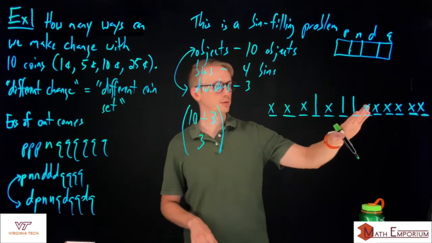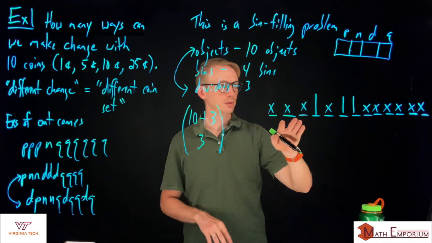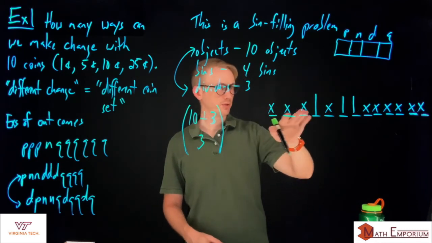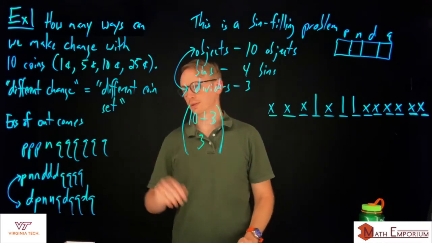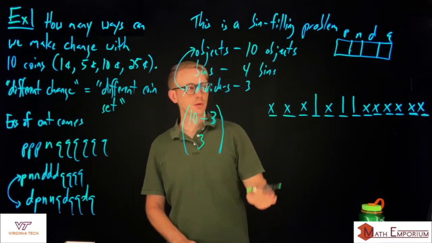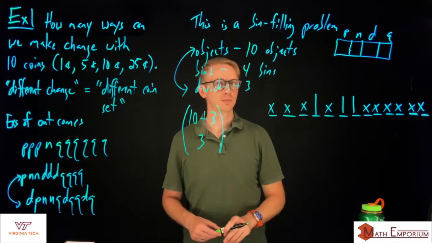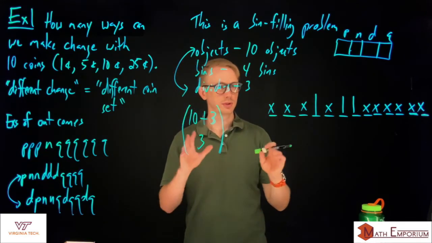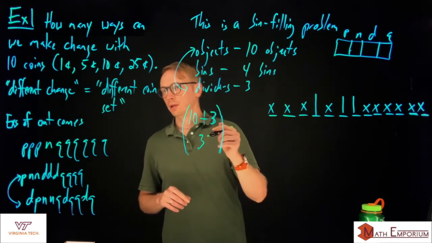So this is complete and not ambiguous. It's complete instructions on how to construct this outcome. And there are 13 choose 3 ways of doing this, based on this construction.